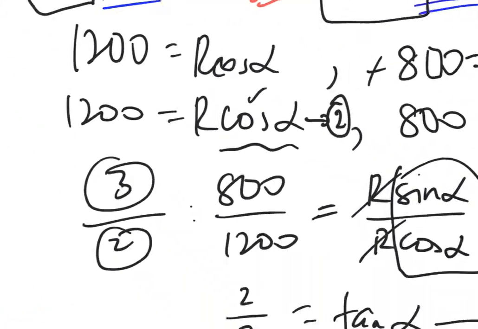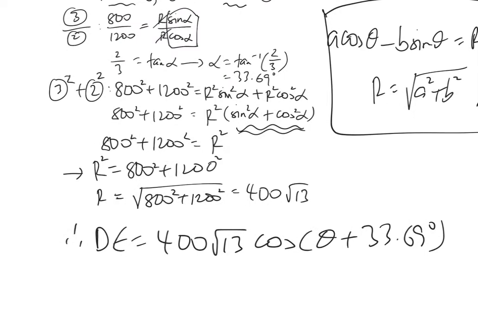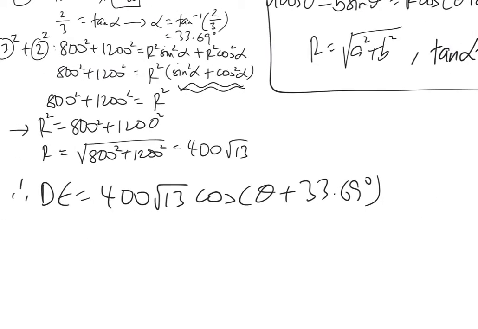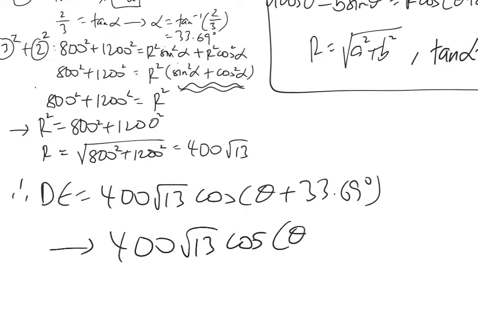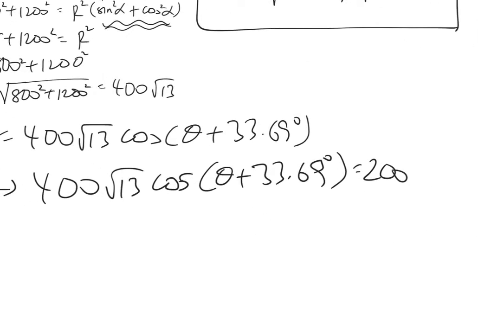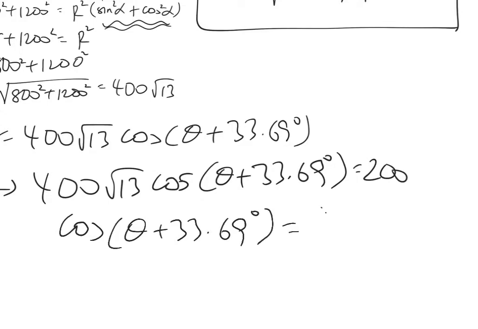So from here we can equate our r formula to 200 meters. 400 root 13 cos theta plus 33.69 degrees is equal to 200. So cos theta plus 33.69 is just equal to 200 divided by 400 square root 13.